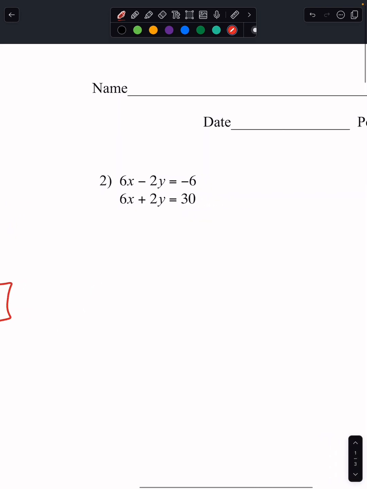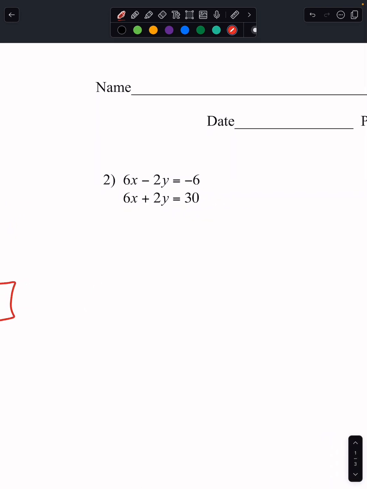Do I see in this equation two numbers that are the same but opposite coefficients? In this particular case, the x has the same number, but the coefficients are not the same.